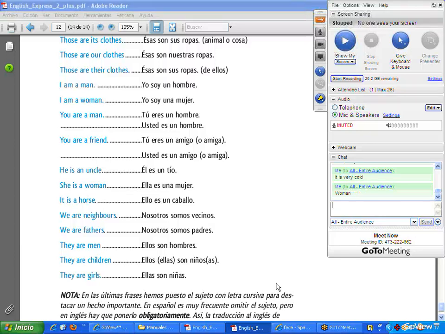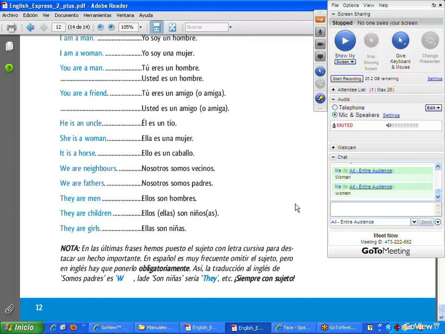In Spanish, we all know that we don't say nosotros comemos. We eat, comemos. De vez en cuando, sometimes, a veces sí. But in English, what does it say here?